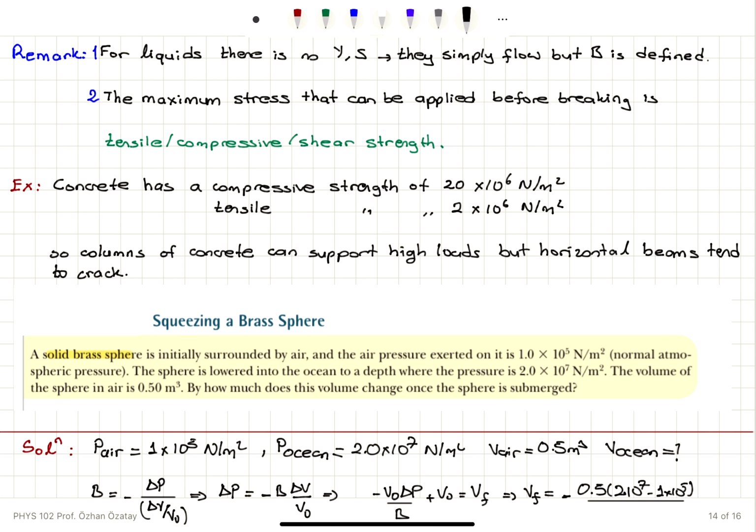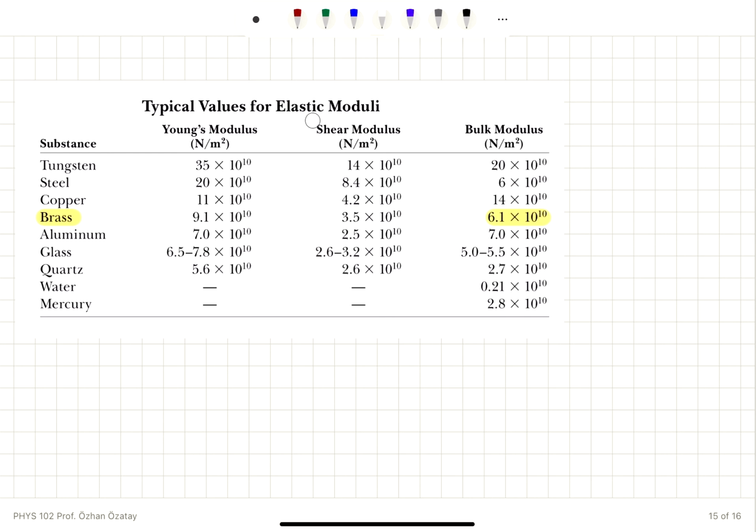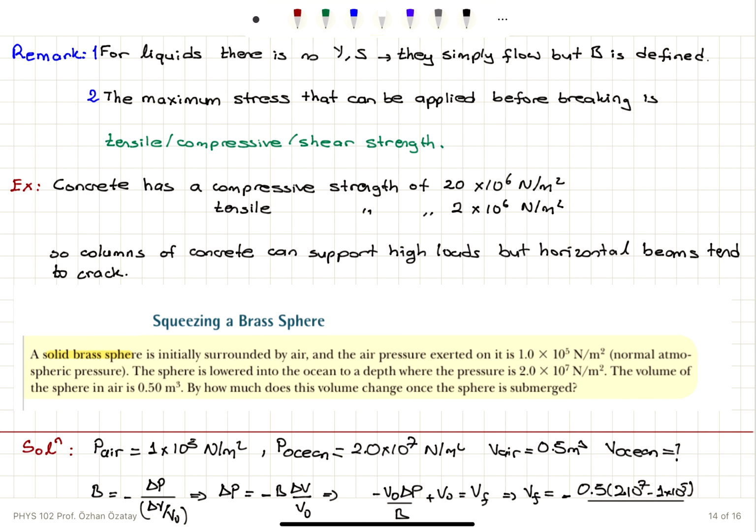the bulk modulus. Now, what is the bulk modulus of brass? We have to look up this value in a table. So typical values for elastic moduli for brass, this Young's modulus, shear modulus, bulk modulus, we see that it's 6.1 times 10 to 10 newtons per meter square.